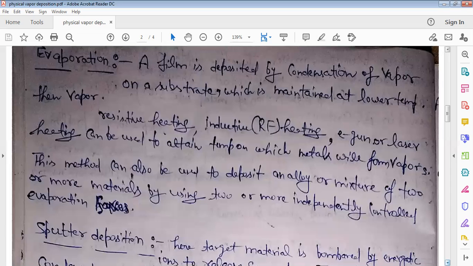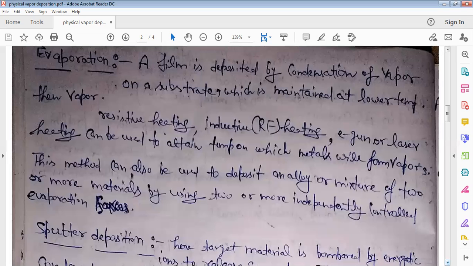How it is done and in which apparatus, we will discuss later. By this evaporation method, we can also deposit an alloy or mixture of two or more materials by using two or more independently controlled evaporation sources.